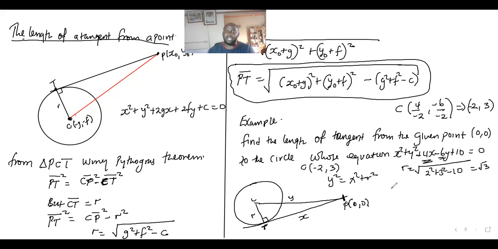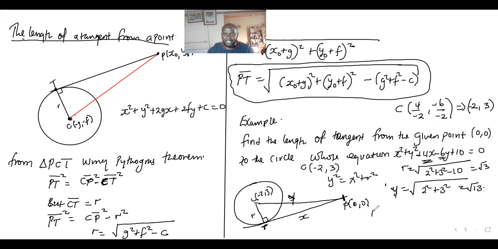I need to find Y. Because the center is (-2, 3), Y is going to be equal to the square root of 2 squared plus 3 squared, which is root of 13.